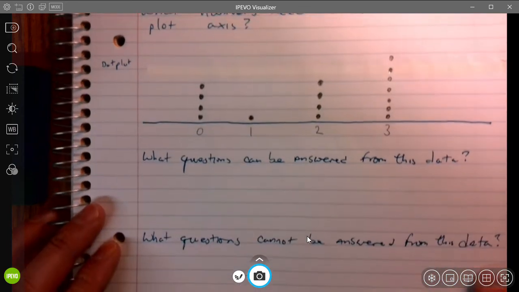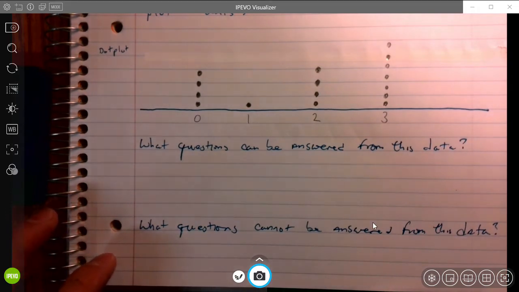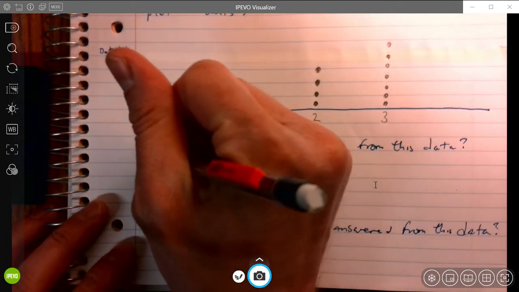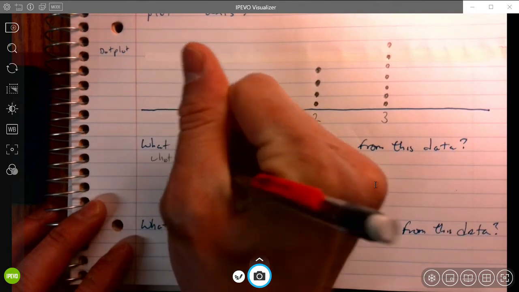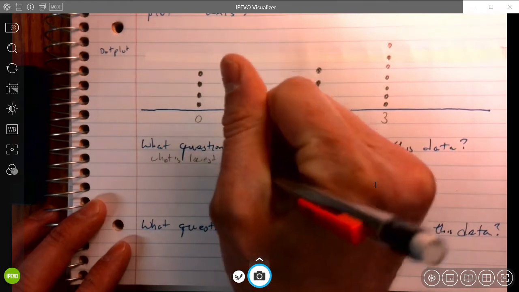Okay? So now I want you guys to think about what questions can be answered from this data. Let's think about this for a second. Well, how about what's the lowest score?